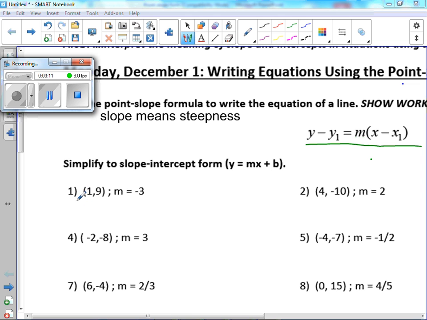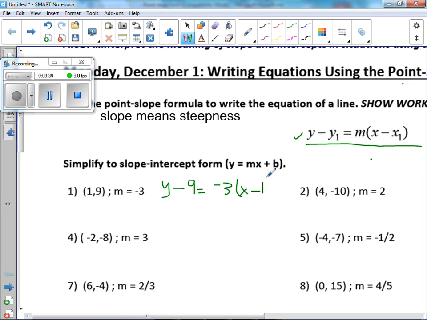Okay, let's look at number 1. We're going to use the point slope formula. You see it over here in the corner. So we're going to write y minus, what is our y1? It's a 9, right? Equals, what is the slope? The m is -3. Open parenthesis, then you have x minus x1, which is 1.